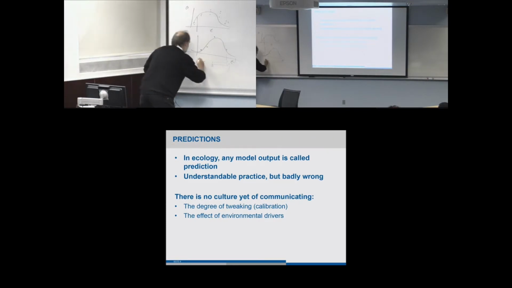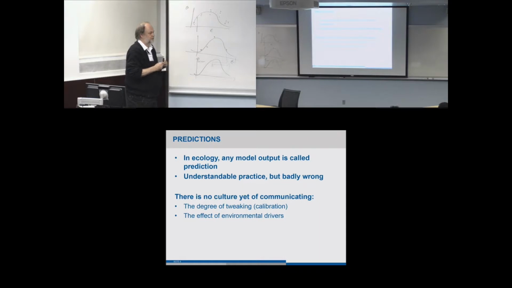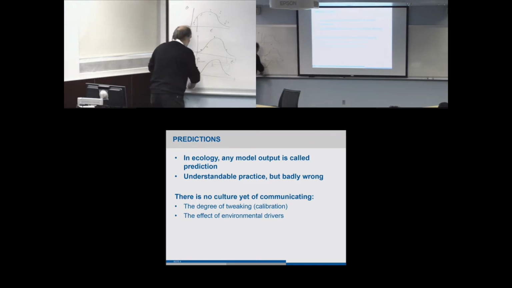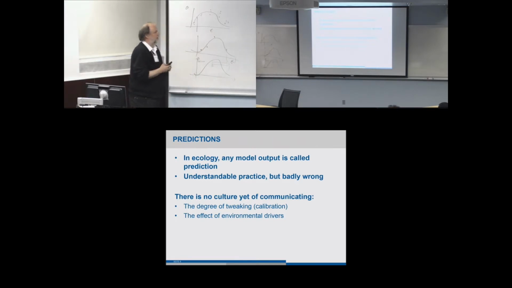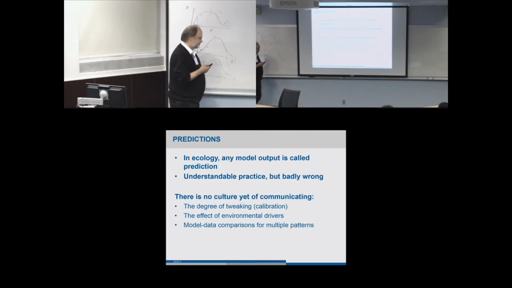But then there is a second figure, which I do not show, the egg-laying rate of the queen, which was completely imposed, right? So people often do not communicate clearly enough how much your good results have been determined by one decisive environmental driver. So this culture of communication is not there.